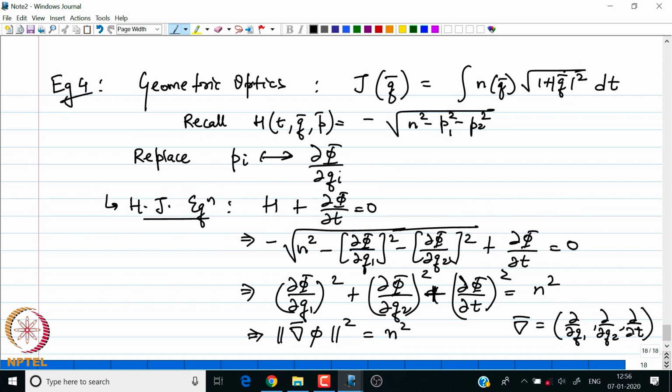Notice that if this equation is independent of t, that is, phi is independent of the independent variable, then this equation is nothing but the generalized Poisson equation. But given the time derivative, this is the well-known Eikonal equation for geometric optics.